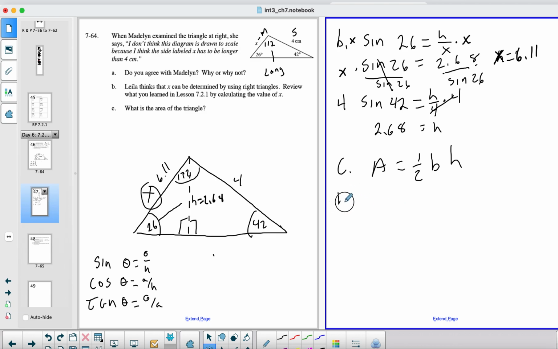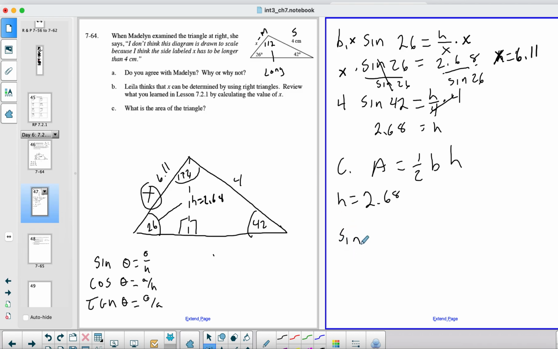We know our height is 2.68, but we don't know what our base is yet. So we have to do 2 more functions to get that base. We already have the h in the middle, so we can just use that again.